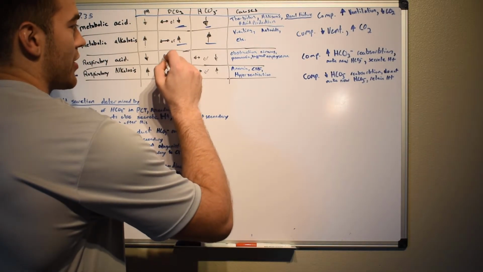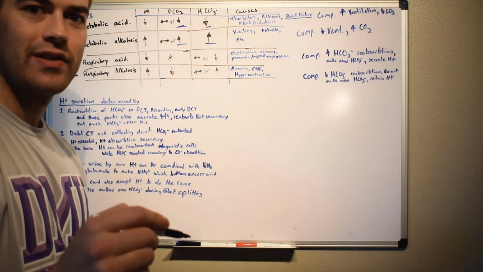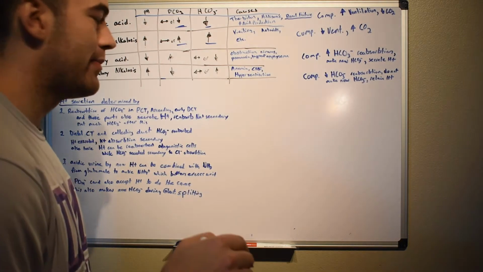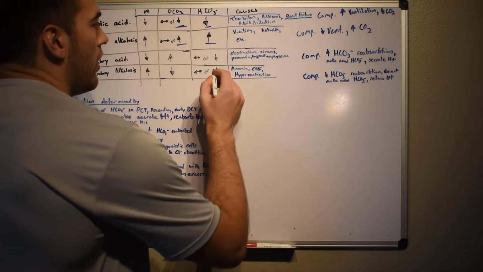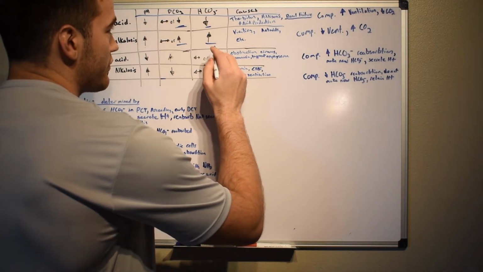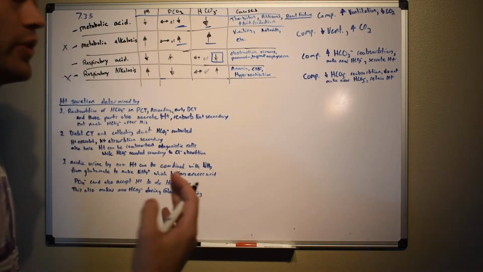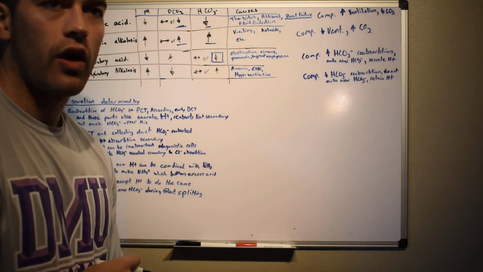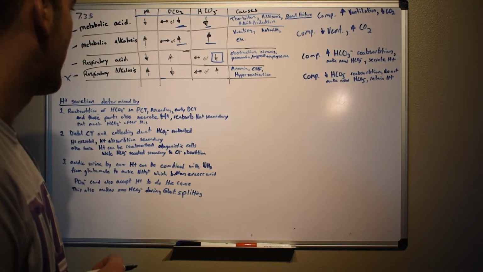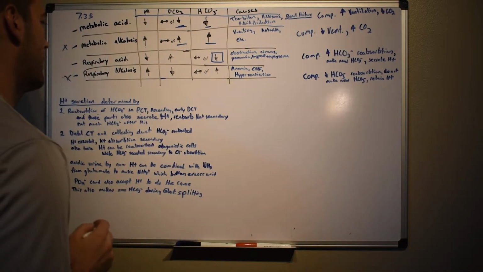So we have our partial pressure of CO2 increase, and that is going to increase the amount of hydrogen ions in the blood because carbonic acid is formed. So our bicarbonate ion is going to decrease because that is being used up in our buffer system to buffer out this acidosis, all right?